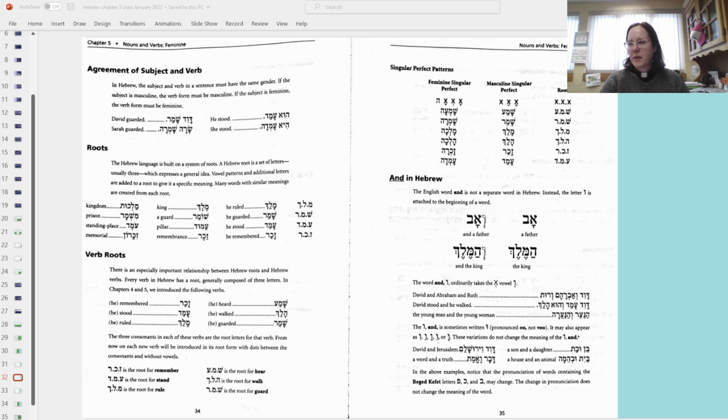So on page 34 in chapter 5, it shows you the root letters for these words. For example, we have Mem, Lamed, and Chaf. We have Melech. Let me look at it. I gotta look. Malak, he ruled. Melech is king, and Malkut. Malkut is kingdom.